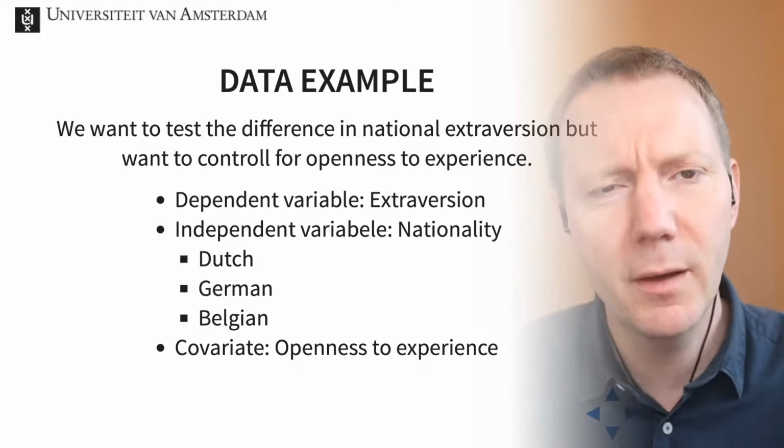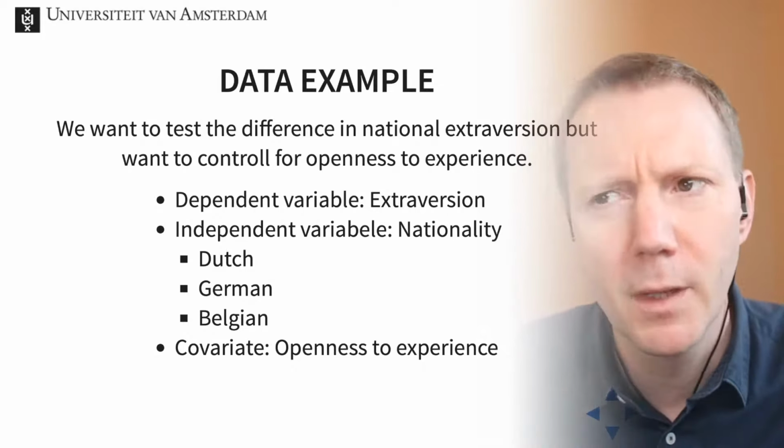So this is something to think about: if it's actually something that confounds and you don't take it into the model, it's still there, right? If there's a variable that influences your scores on the dependent variable and you don't take it into account, it's still there.